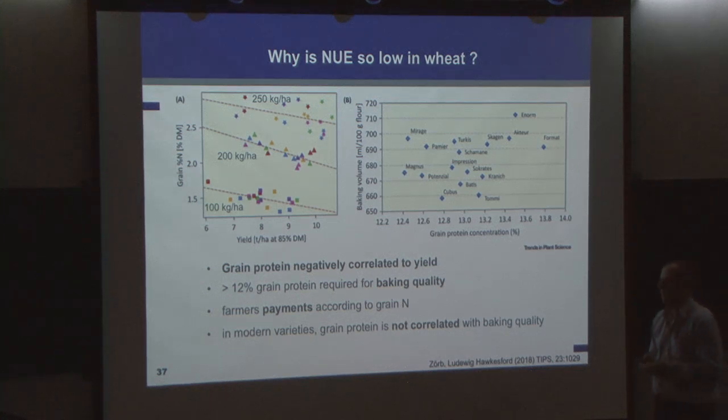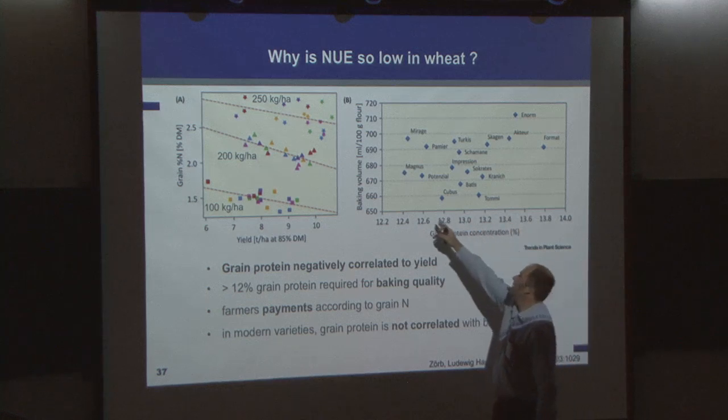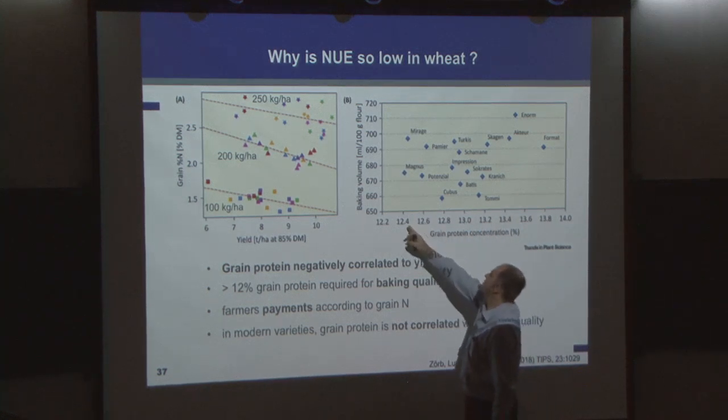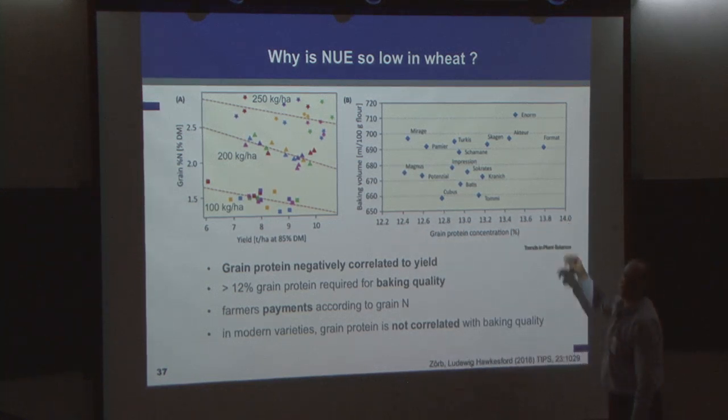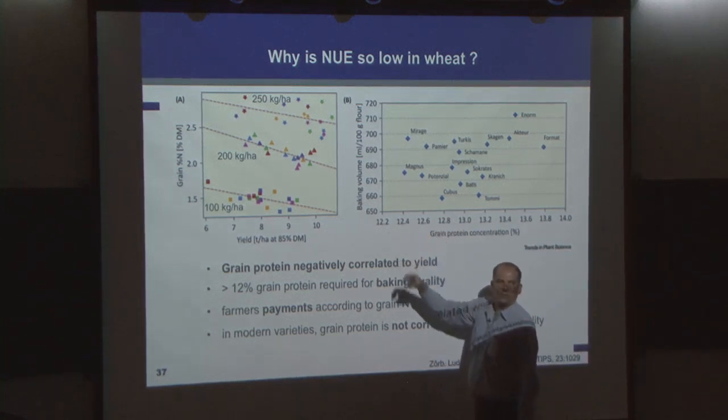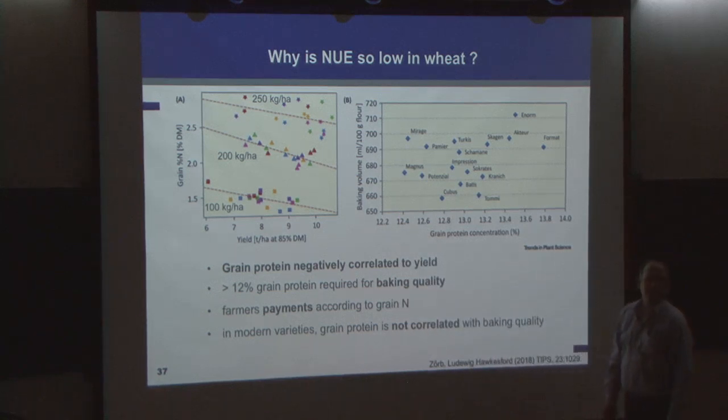However, for more than 10 years, we have data, not only in Germany, but especially also in Germany, that many different varieties, like here, having protein concentrations from 12% around and up to 14%, are basically not very well correlated with baking quality.